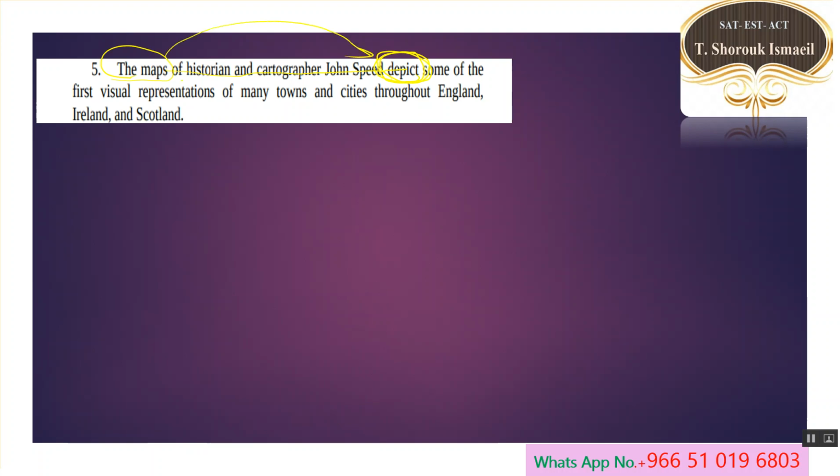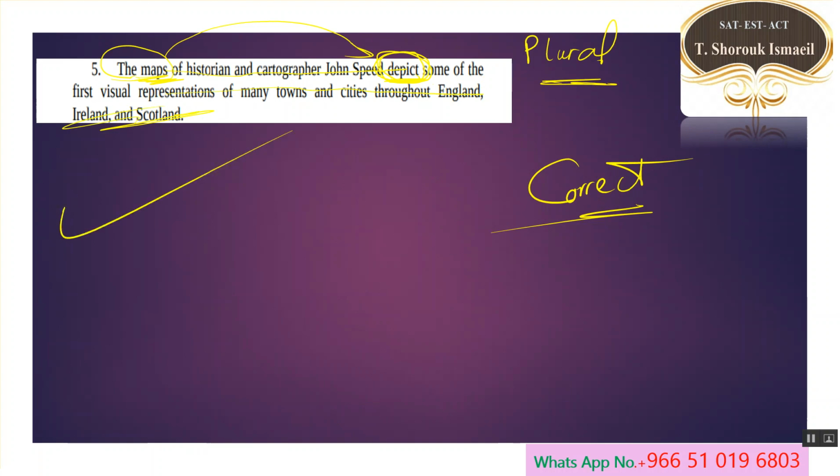The maps here is plural and the verb is plural. So do I have any problem in the sentence? No, it's actually correct. Let's have a look at the rest of the sentence: some of the first visual representations of the landscape throughout England, Ireland, and Scotland. Nothing in it. So all of it is correct.